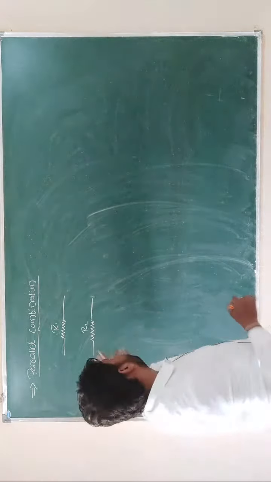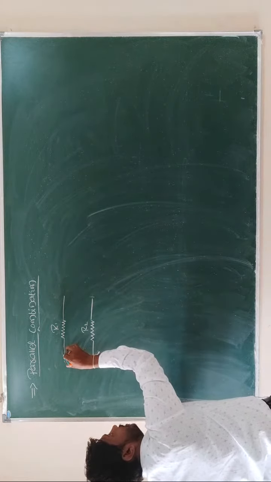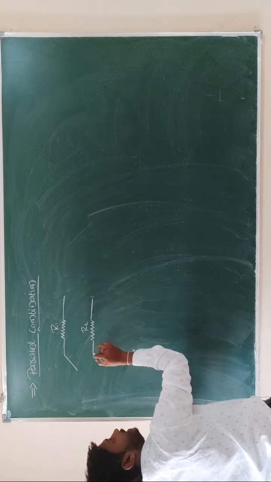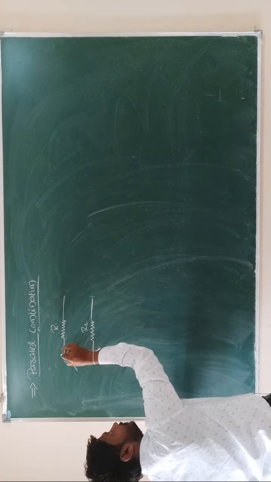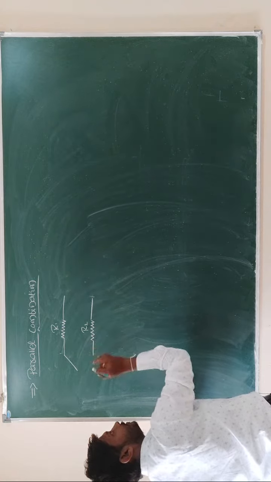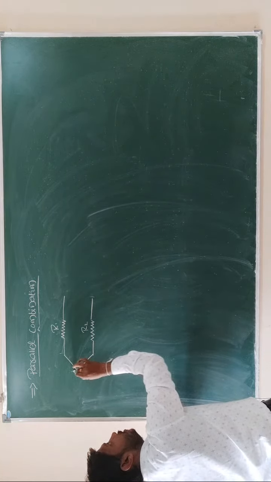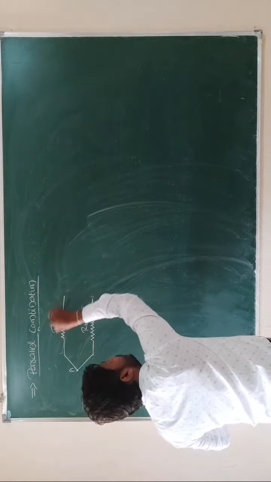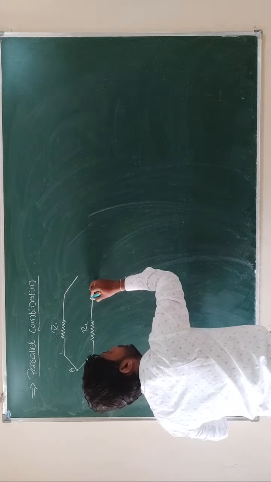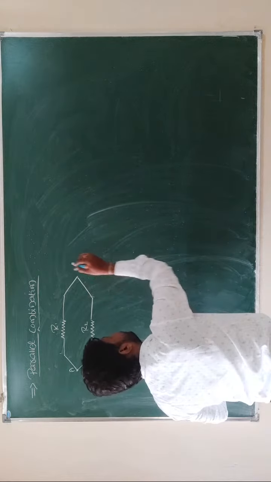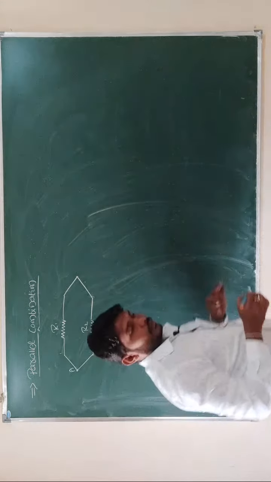Now look here. The first end of the first resistor and the first end of the second resistor, I will connect to a common point, and the second end of the first resistor and the second end of the second resistor I will connect to one more common point, right?